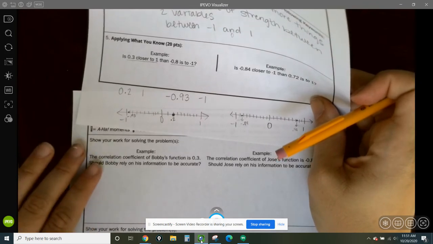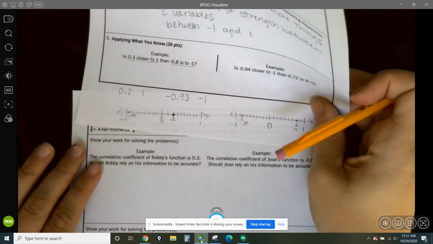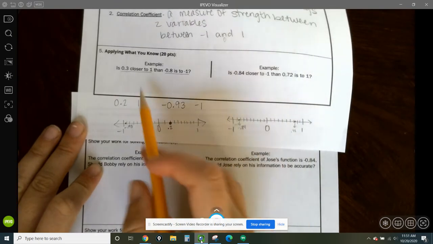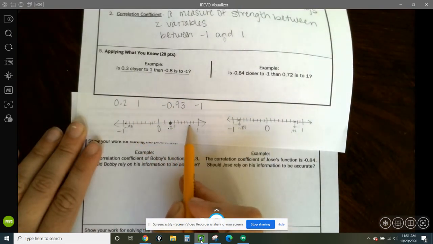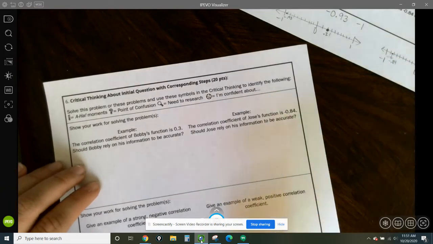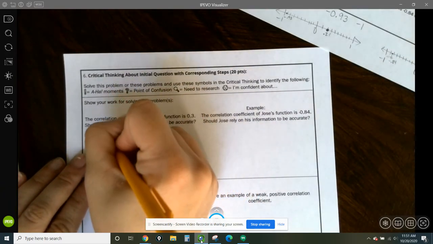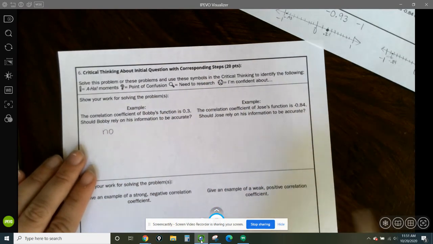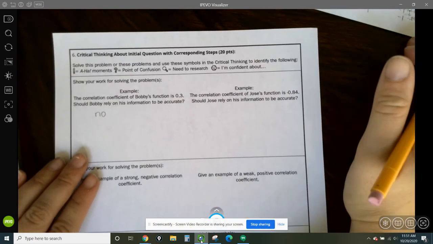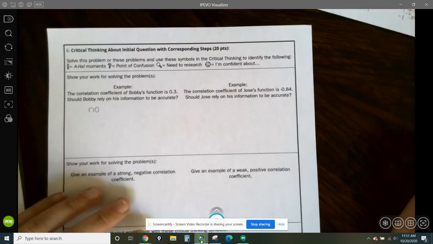So the closer you are to 1 or negative 1, the better your correlation is. So 0.3, if I looked at it on a number line, it would be like right here. 0.3 is not very close to 1. It's much closer to 0. So should Bobby rely on his information to be accurate? I would say no. 0.3 is not very close to 1, so it's not a strong correlation coefficient.